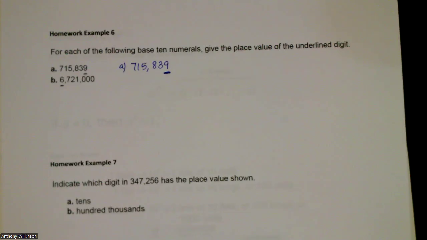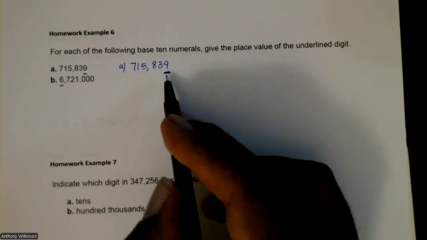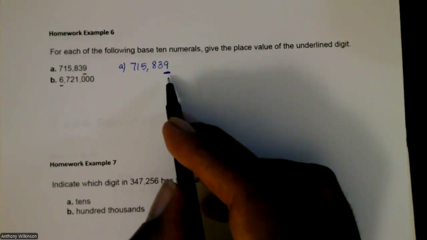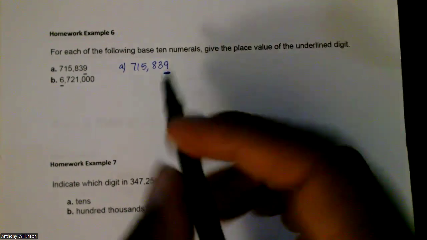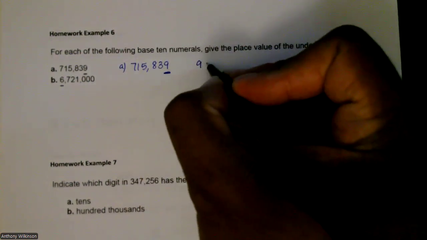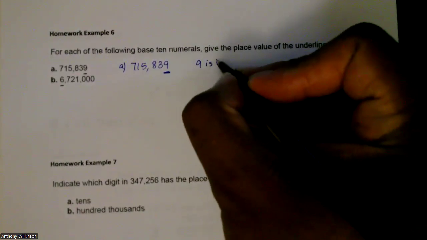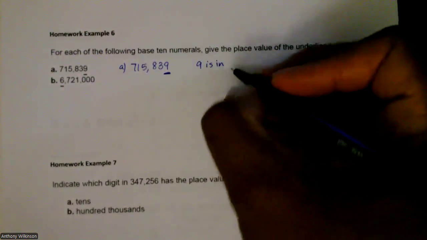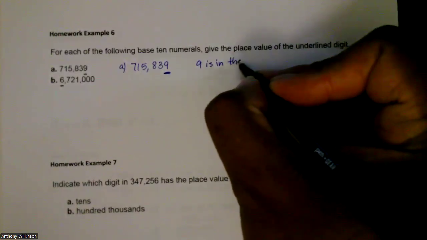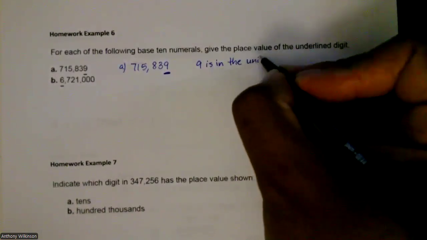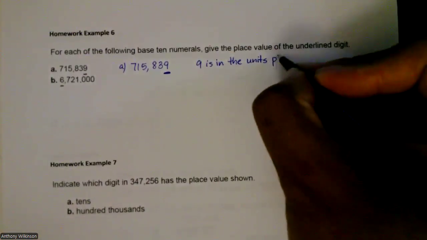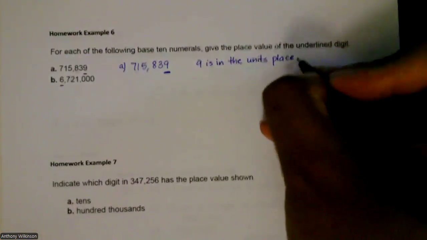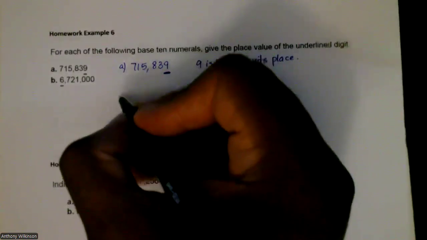So we want the place value position for the 9. Well, the last place value for that 9 has to be the units place. So we can say here that 9 is in the units place.